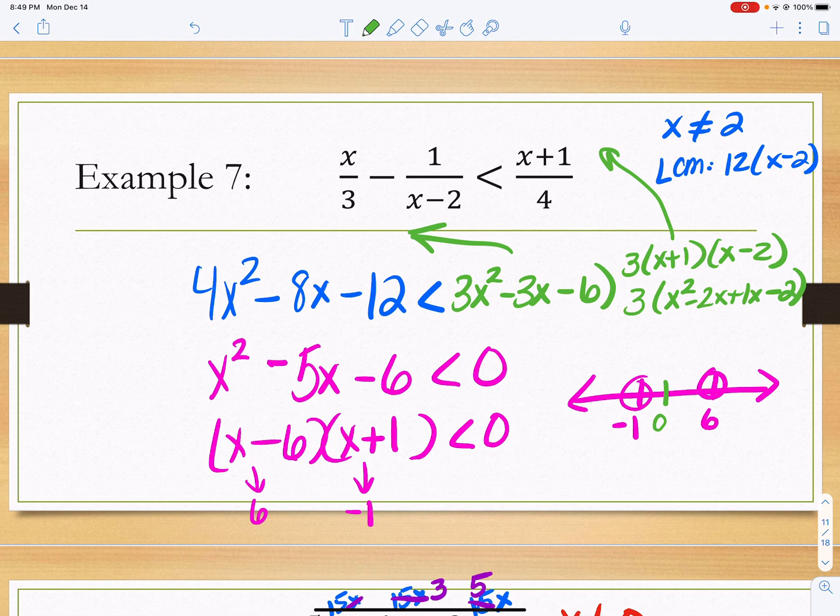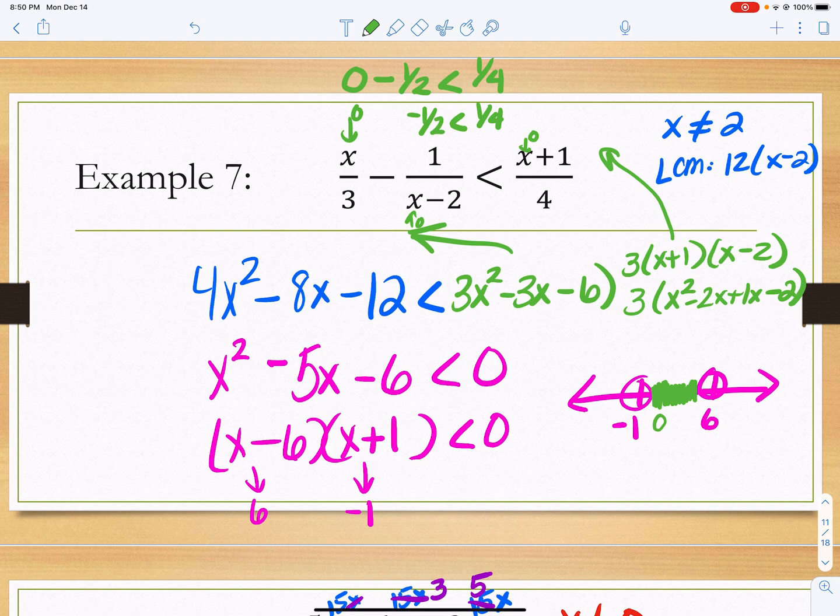So if I put 0 in, I would get 0 minus, if I put 0 in here, minus 1/2 is less than, if I put 0 in here, 1/4. Is a negative 1/2 less than 1/4? Yes, it is. So I'm going to shade in here.